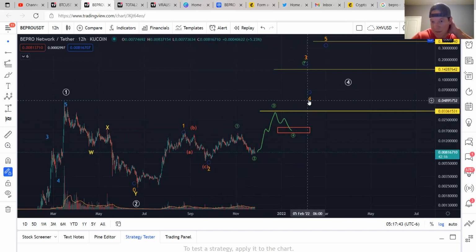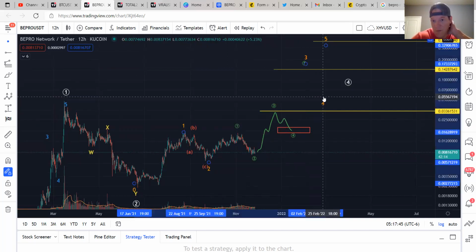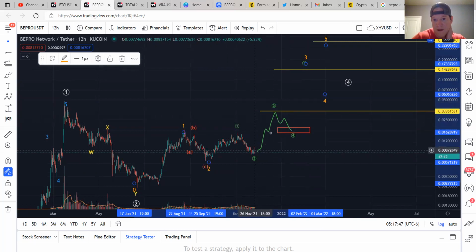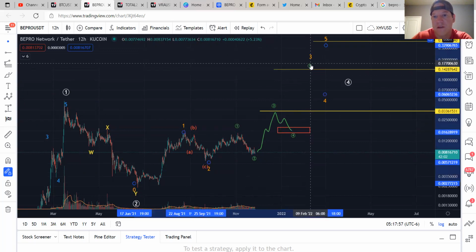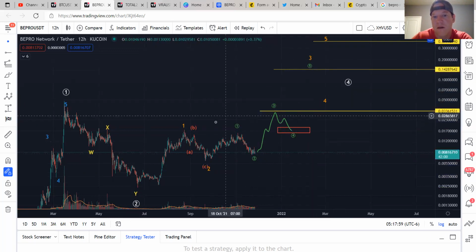So to me, that means that either we're going to have an extended 3rd wave here, and this 3rd wave is going to actually go beyond 1618, or you're going to have an extended 5th wave here. So one of these sub-micro waves of this micro 3 will be a wave extension. One of them will be longer than normal.